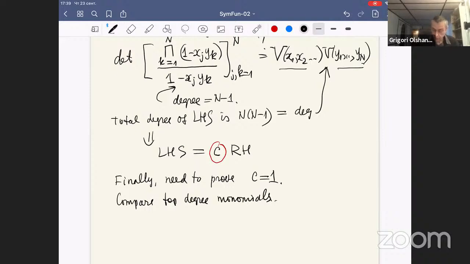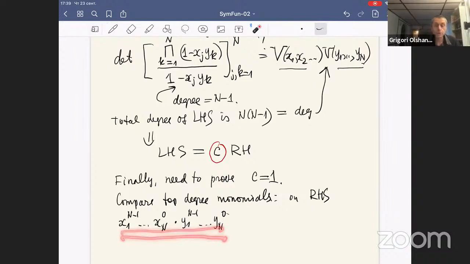On the right-hand side, we have this one. And what we only need is to check that the top degree term on the left is exactly this one.